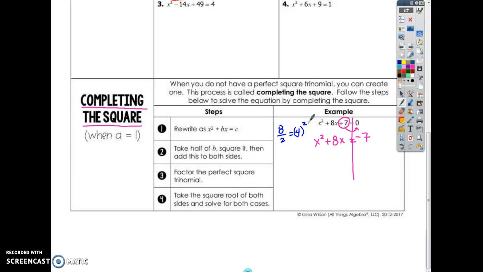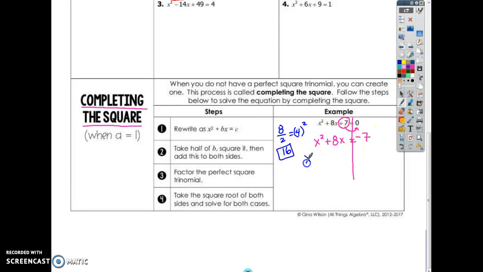What's 4 squared? 16. So I'm going to add 16 to both sides. Okay? Tomé la mitad de 8, te dio 4. El cuadrado de 4 es 16. Entonces voy a agregarle 16 a los dos lados.